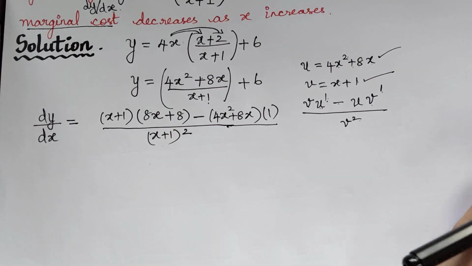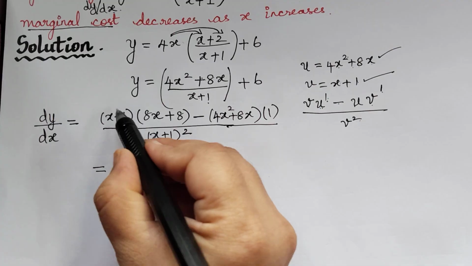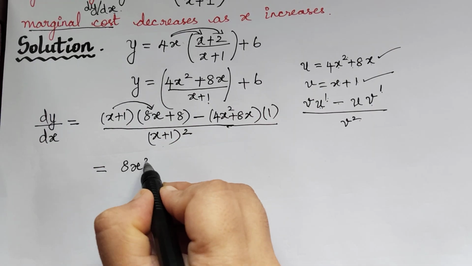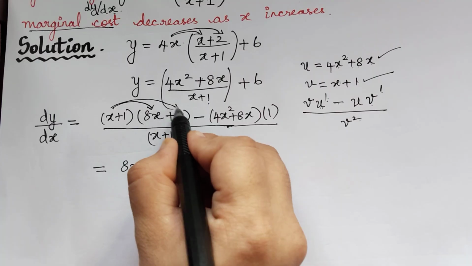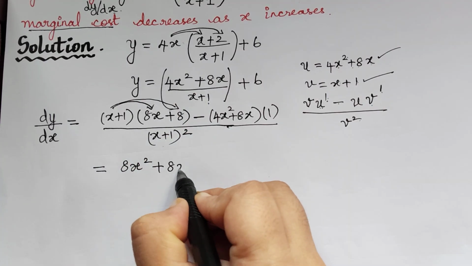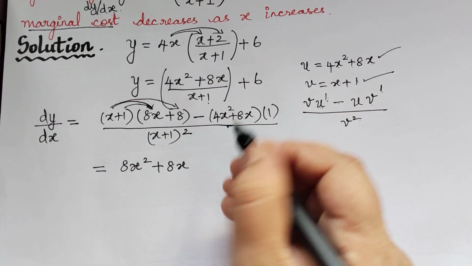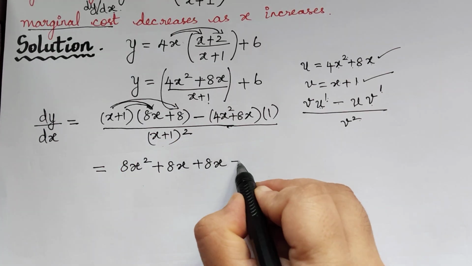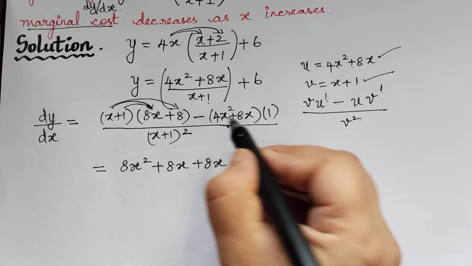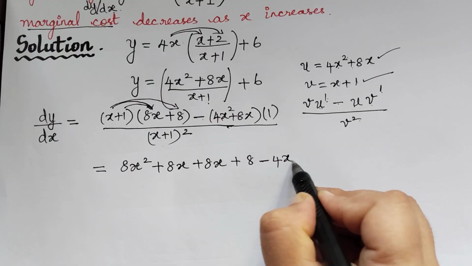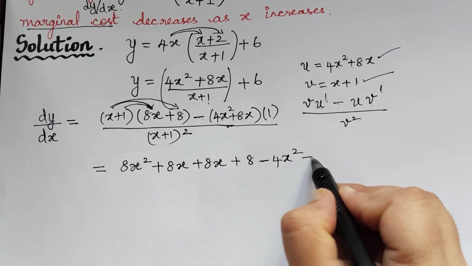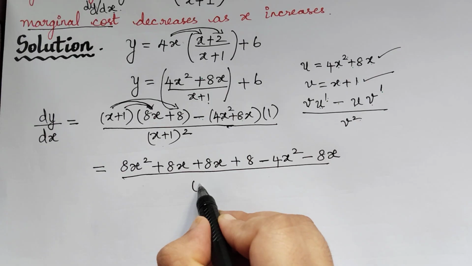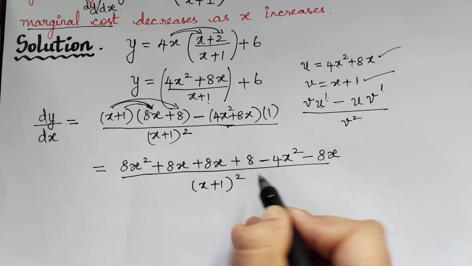Now on simplification, this will be equal to: x multiplied with 8x gives 8x square, and then x with 8, so plus 8x, and then 1 with 8x, so plus 8x, and then 1 with 8, so plus 8, and then we have minus 4x square, and then minus 8x, the whole divided by x plus 1 the whole square.